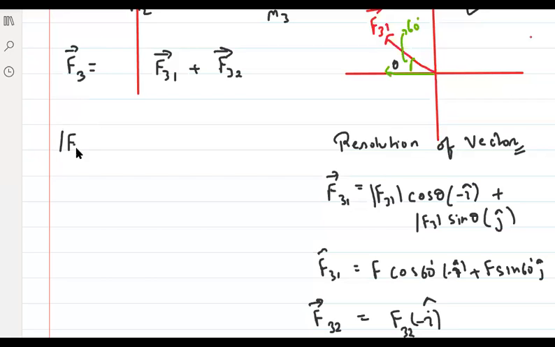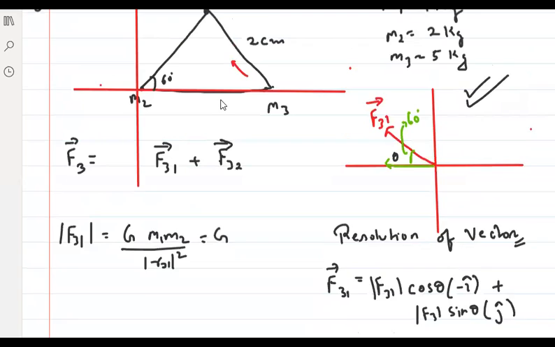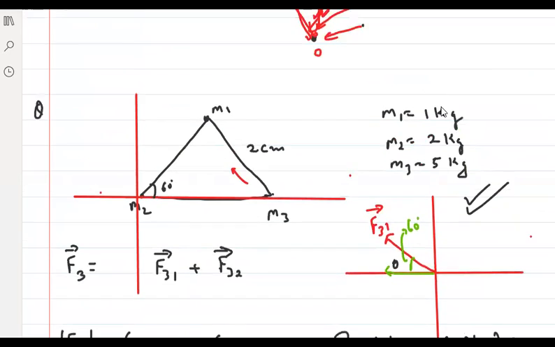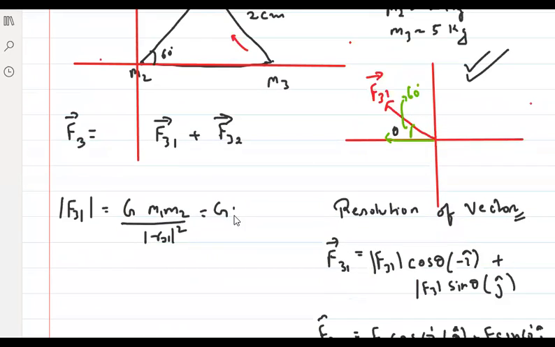Now the magnitude of F31 is equal to what? Capital G M1 M3 by mod of R31 square. Agree? Which is equal to G. What is M1? M1 is 1, into, what is M2?